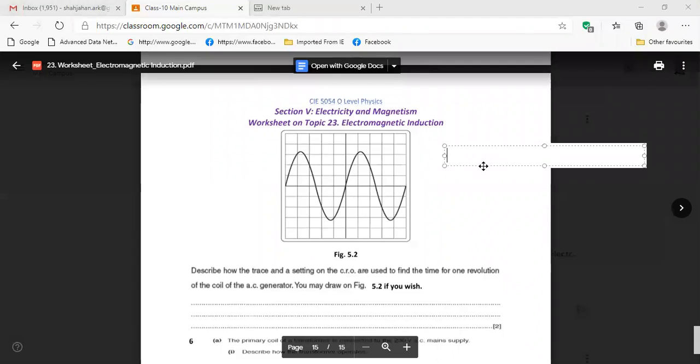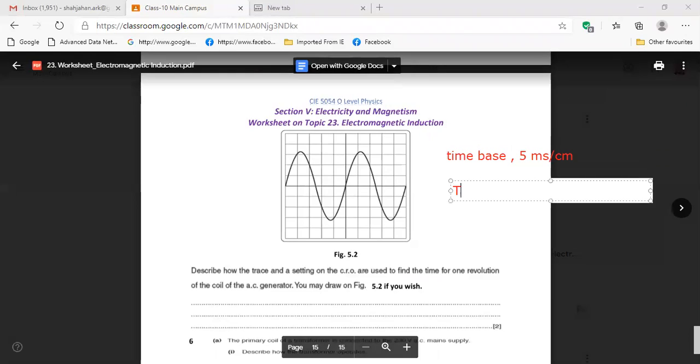The time base is given, you take the notes. Time base will be given to you, for example, it is 5 millisecond per centimeter. So what will be the time period from the diagram? Can you say the time period? How? There are two, 5 and 5.